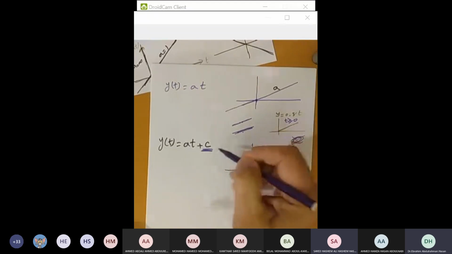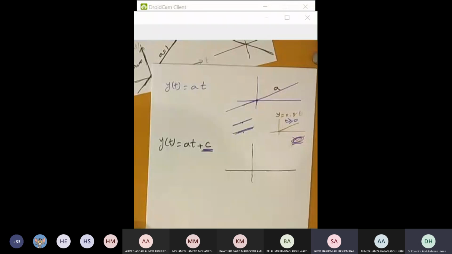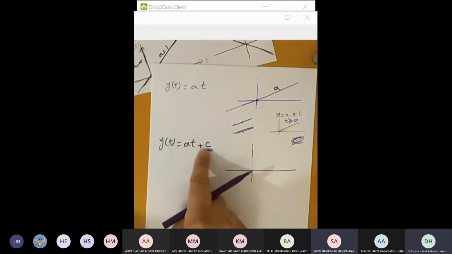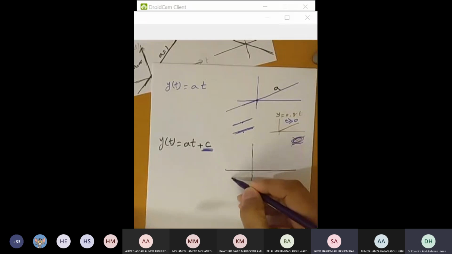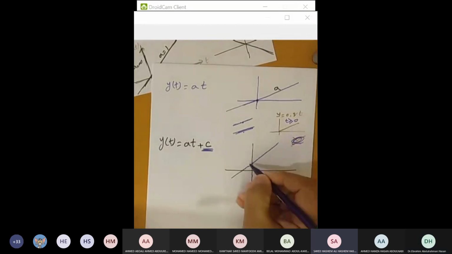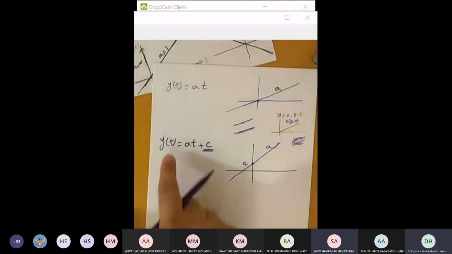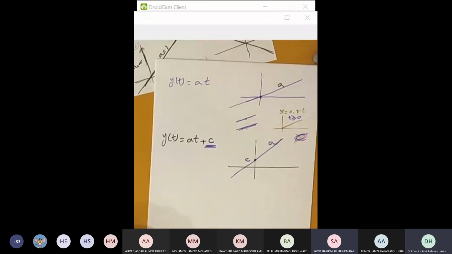If not, then they have different slopes. So at plus c means this is going to shift the straight line up or down. So this is the value of c, and the line has a slope equal to a, again defined from minus infinity to plus infinity.